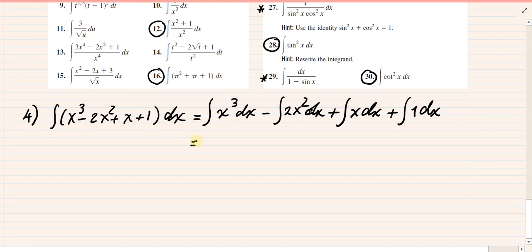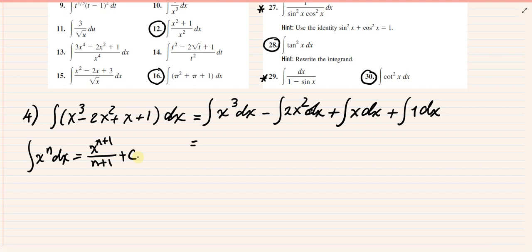And for all of these polynomial functions, let me recall that the integral of x to the n dx is going to be x to the n plus 1 over n plus 1, plus a constant. That's what we're going to use for all of the polynomial functions, or functions that we can write in the form of x to a power.